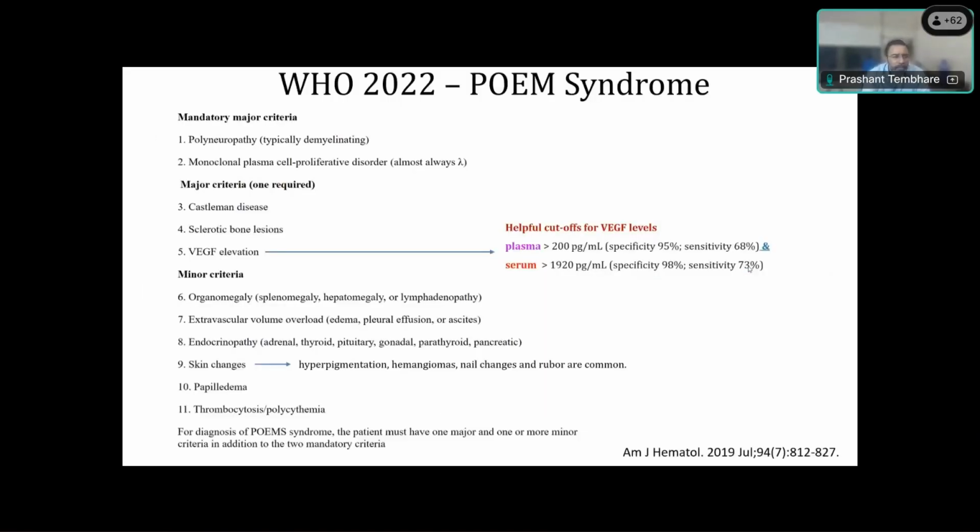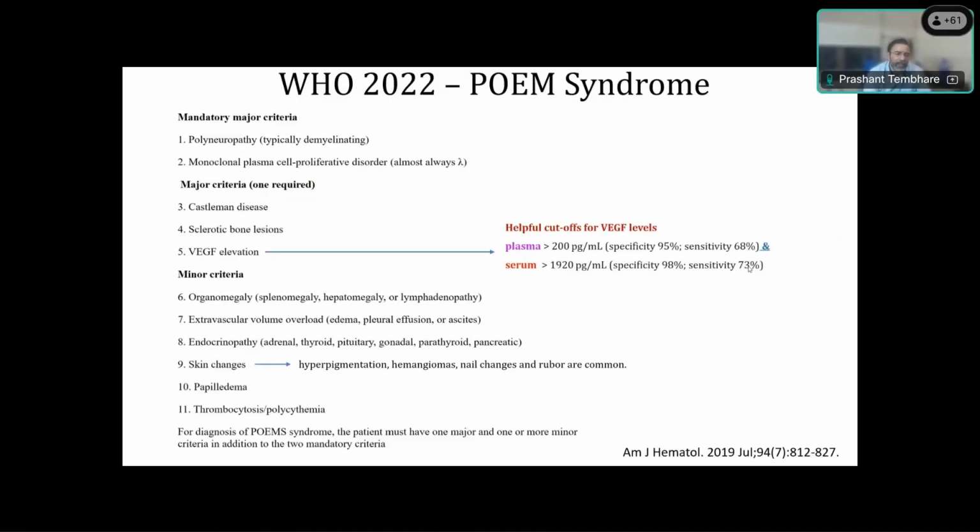These are the POEMS syndrome criteria. The major and mandatory criteria include polyneuropathy, especially demyelinating, like lower limb going up, and monoclonal plasma cell proliferative disorder. It is almost always lambda restricted, like in this patient with plasmacytoma.